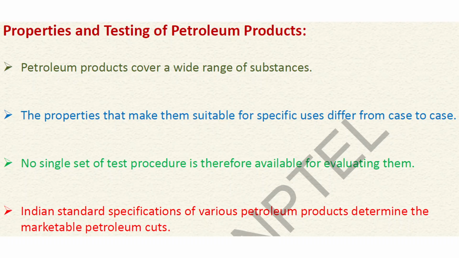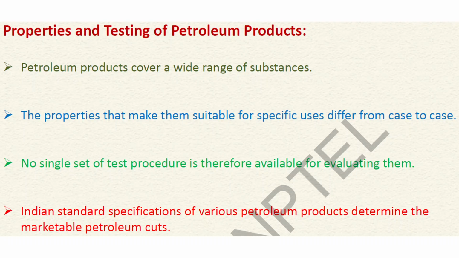The properties of these different cuts are different, and for testing and determining them, there are different methods which are employed. So we will be talking about these different methods to determine the properties of these petroleum products.